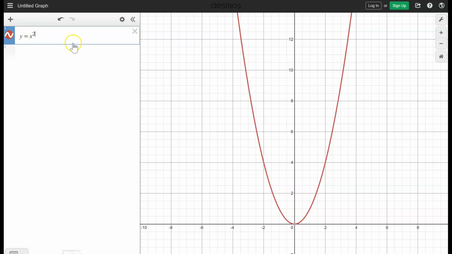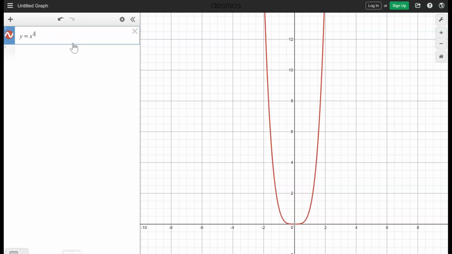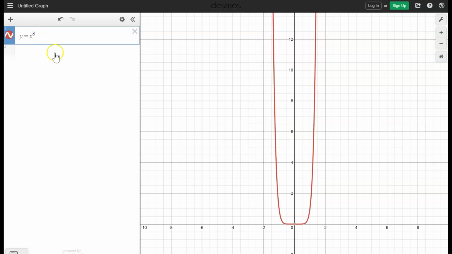Okay, so what happens if I change this to a 4 now? Well, you still get a parabola. It's a little flatter on the ends, but you can see that this is still going off to positive infinity. Same thing if I were to do it to the 8th power. You get a flatter parabola, but it still goes all the way to positive infinity.